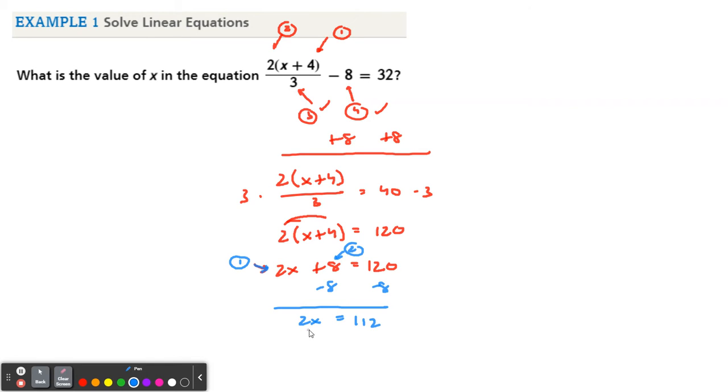And now we divide by 2. Subtracting 8 gets rid of that 8, and dividing by 2 gets rid of that times 2. Your x value is 56. And there we go. So again, if you have trouble solving linear equations, you ask yourself, what is happening to that x? And you undo those things in reverse order.